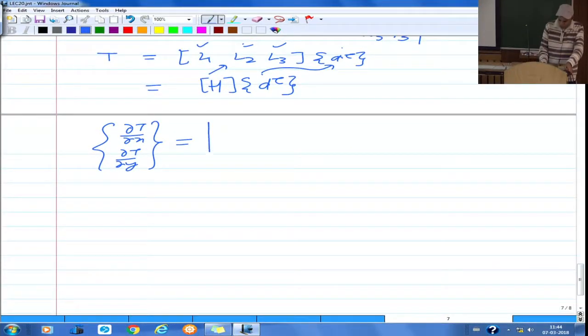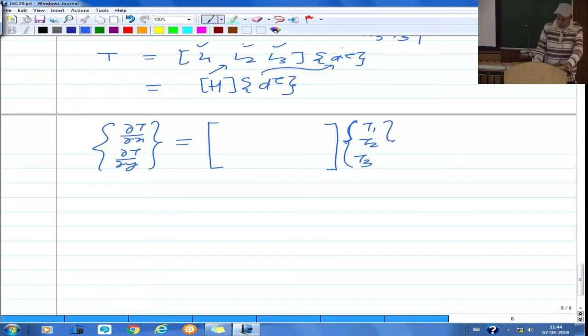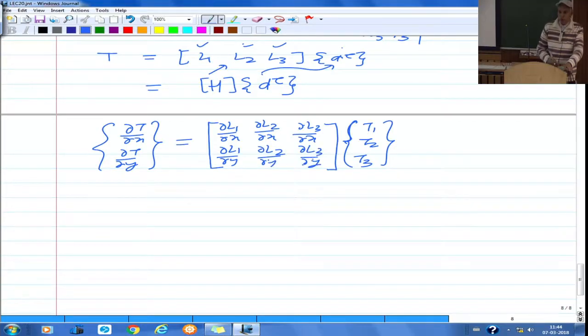So, I can write this again in the matrix form both put together, and this side what you have is your T1, T2, T3. So, you will have del L1 by del x, del L2 by del x, and del L3 by del x. Then you have del L1 by del y, del L2 by del y, and del L3 by del y.